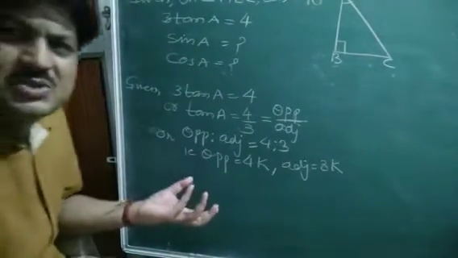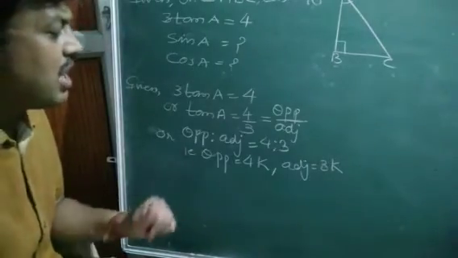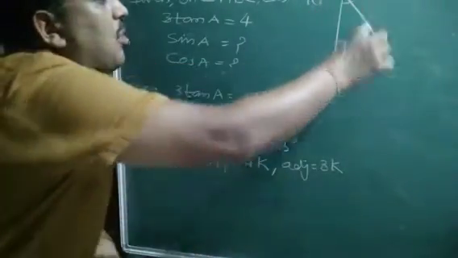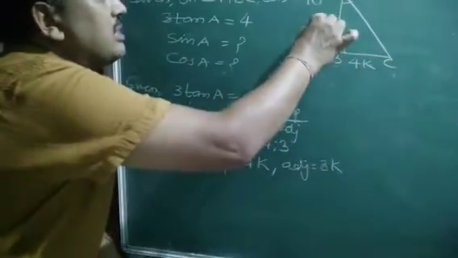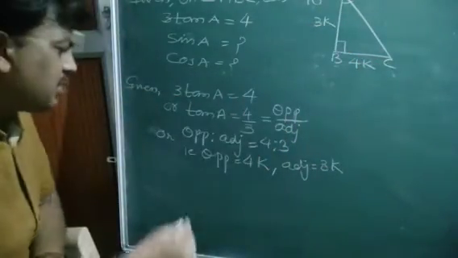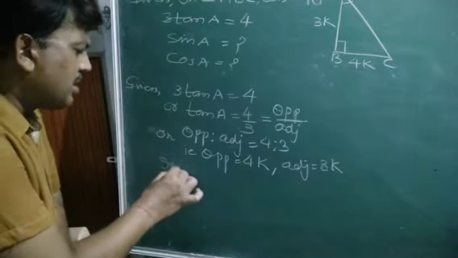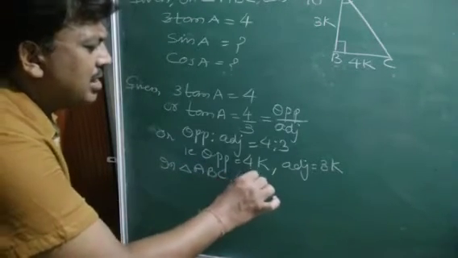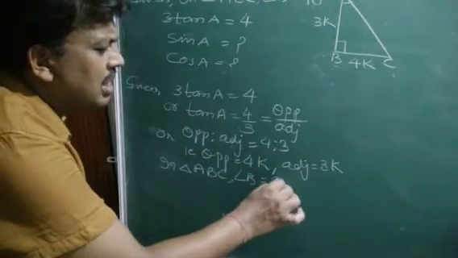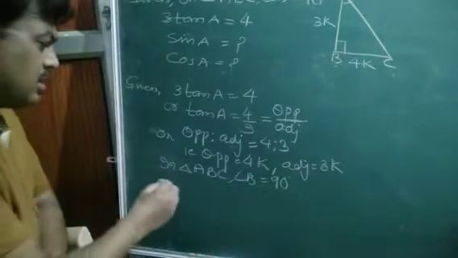Okay, just like the previous question. So once we got the value of opposite as 4k and adjacent as 3k, what can you write, children? In triangle ABC, angle B is equal to 90 degrees.